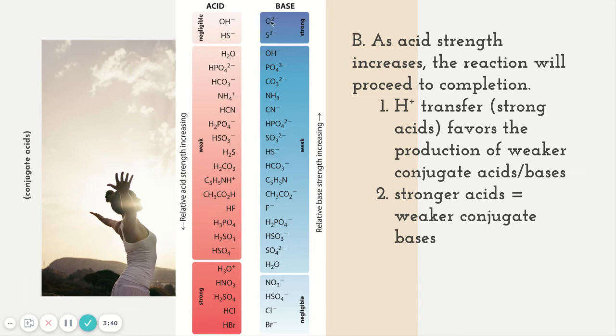If you look across, it's the conjugate. So if I have the acid and the conjugate base, the acid is giving up the proton, donating it, to make the conjugate base, and then you can see their strength. OH minus is our Arrhenius basic ion, so it has the least amount of acidic character. That means its conjugate base is the strongest base we could possibly have.